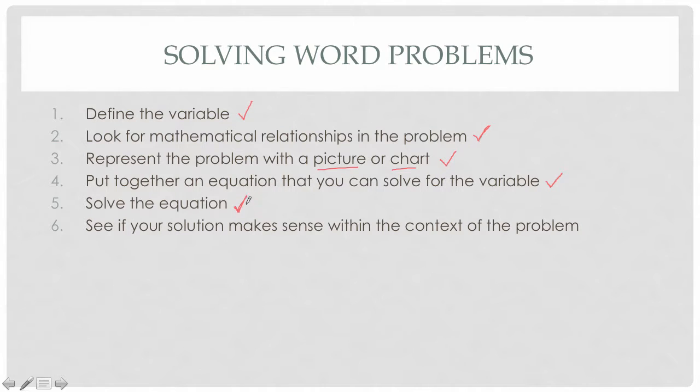That's easy, right? Just rearrange it, solve for what your variable is, and then your very last step, see if your solution makes sense. You get some number for your variable. Does it actually make sense with what the question is asking you to find? There we go. These are problem-solving strategies, kind of a 6-step process. And again, the more you do this, the more naturally these processes will become.